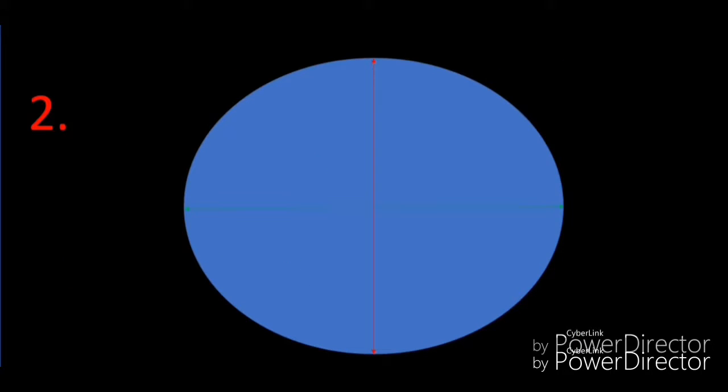So this is the second cause, and here we see the earth. Here you will see a red line and a green line. The green line seems to be larger than the red line, and yes, this is because the earth is not a fully round object, right?